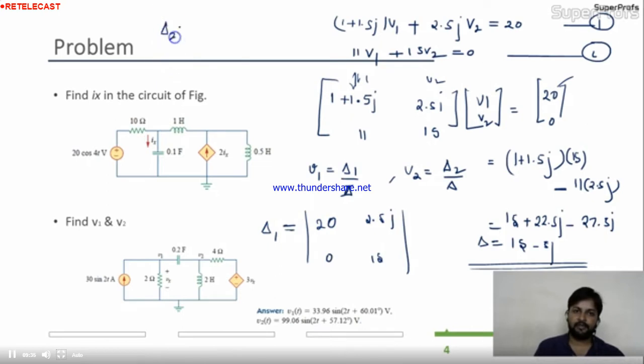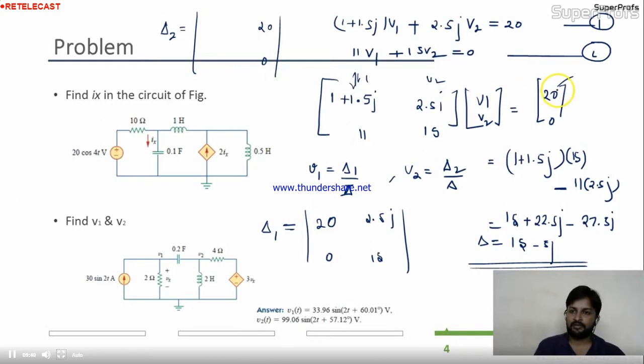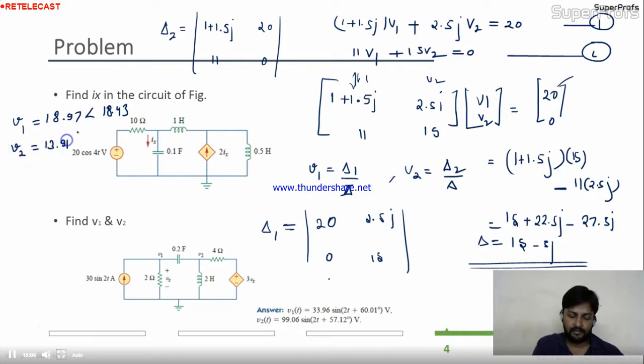And del 2, if you want to calculate, instead of the V2 column, you have to put these values, and here it will be as it is. Now if you solve this, you will get V1 equal to 18.97 at an angle 18.43, V2 will be 13.91 at an angle 198.3 volts. This will be your answer.